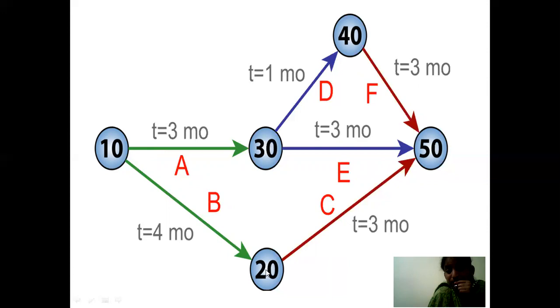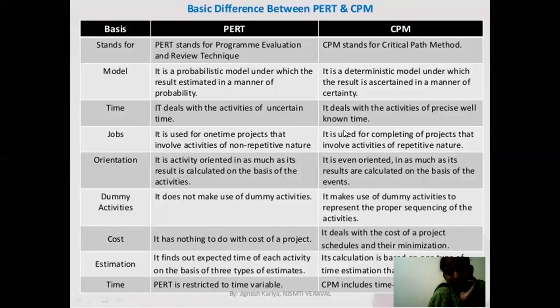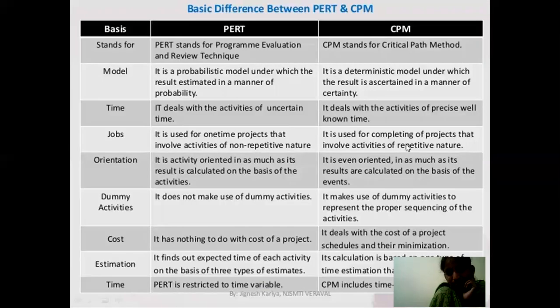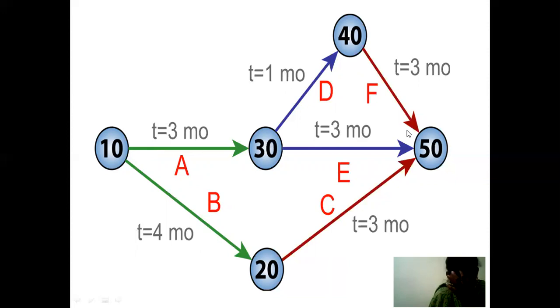This 10th, 20th as well as 30th node represent the two tasks. These can be treated as the successor events of this 10th task. Similarly, for this 50th node, these are converging.